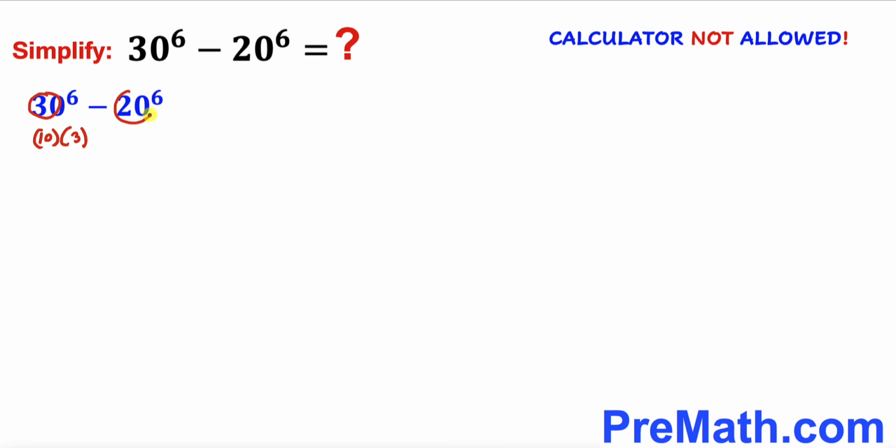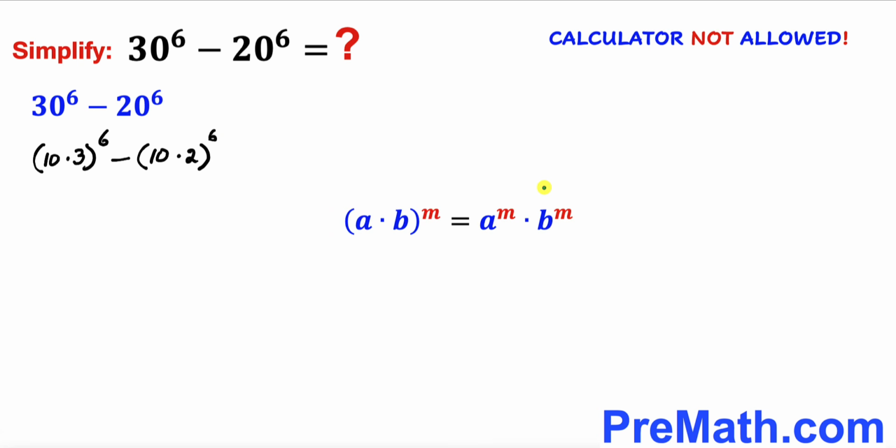And likewise, 20 could be written as 10 times 2. So therefore, we can write this first term as 10 times 3 whole power 6 minus the second term's 10 times 2 whole power 6.